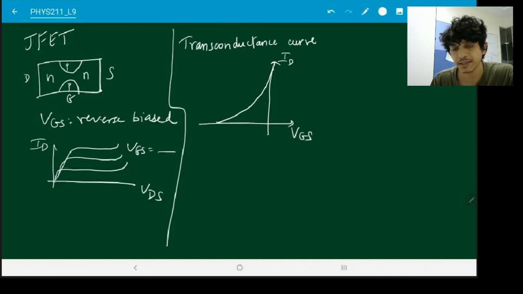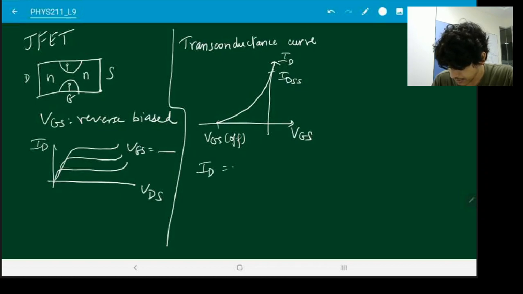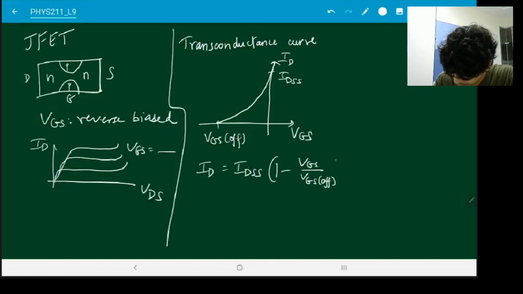And we saw that it has a quadratic form. This value over here is VGS cutoff. This maximum value is called IDSS. And then this curve is given by the formula ID equals IDSS times (1 minus VGS by VGS cutoff) squared.